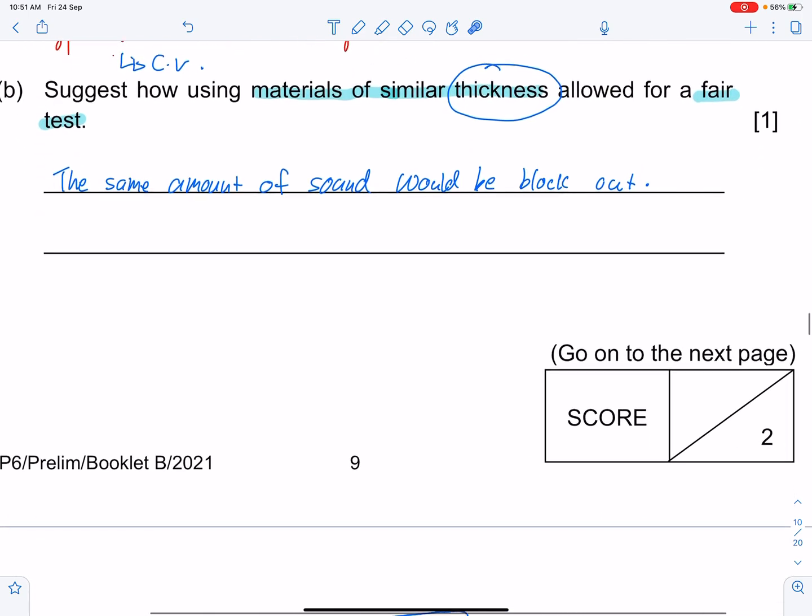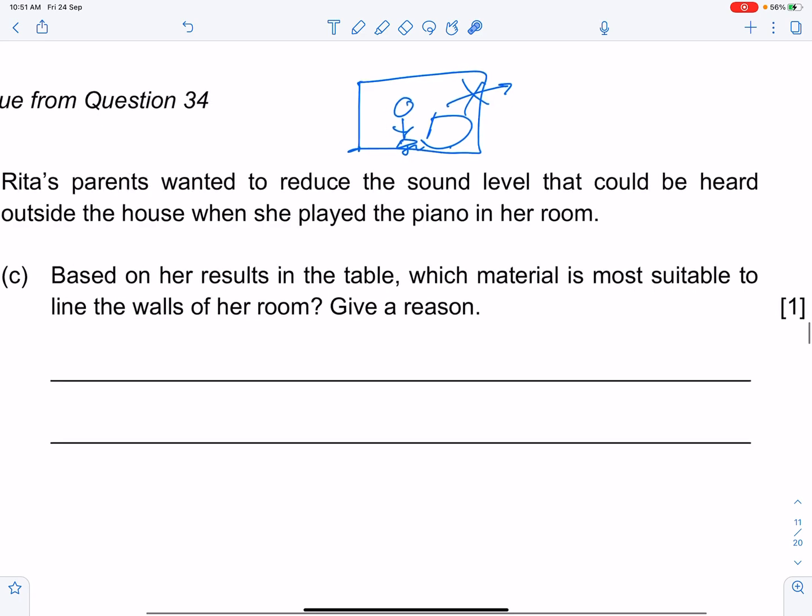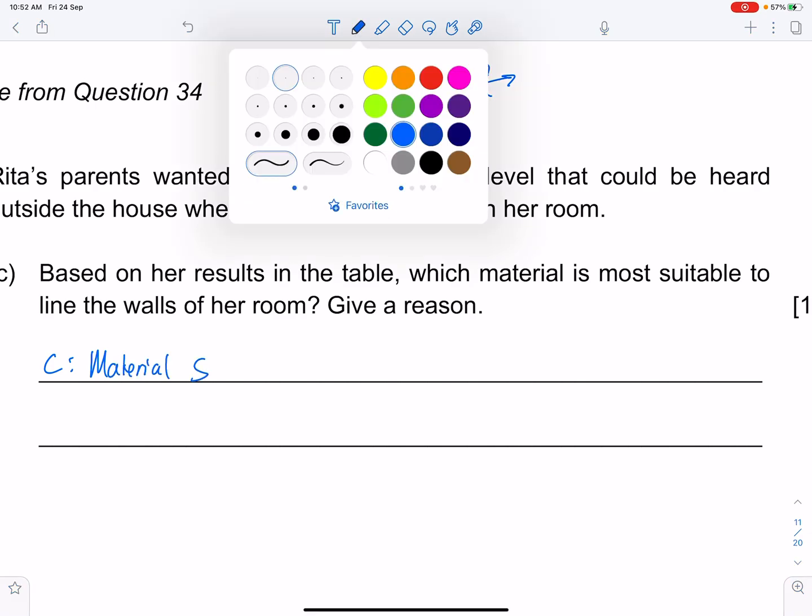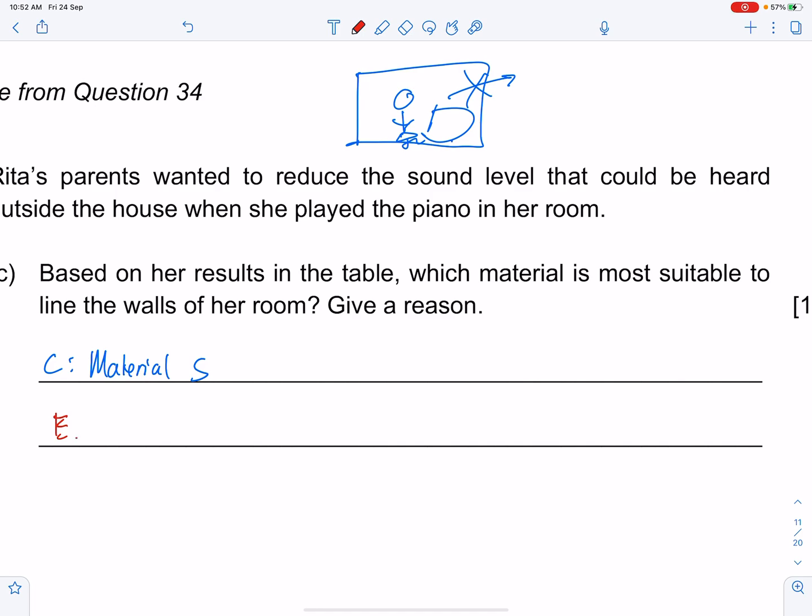So this is actually CER, just in case you didn't know. So C, material S. E, the sound level detected outside of the box was the lowest.